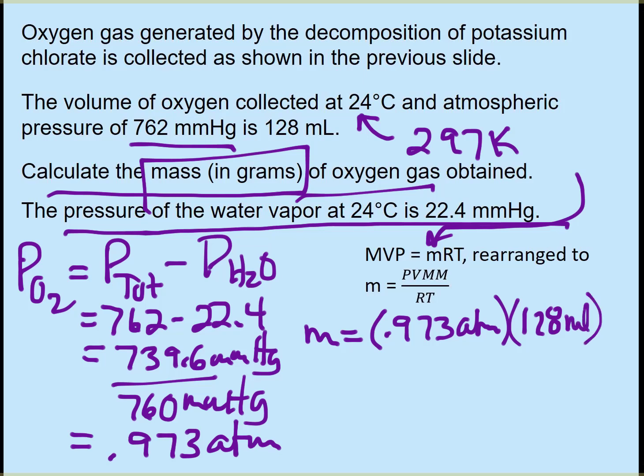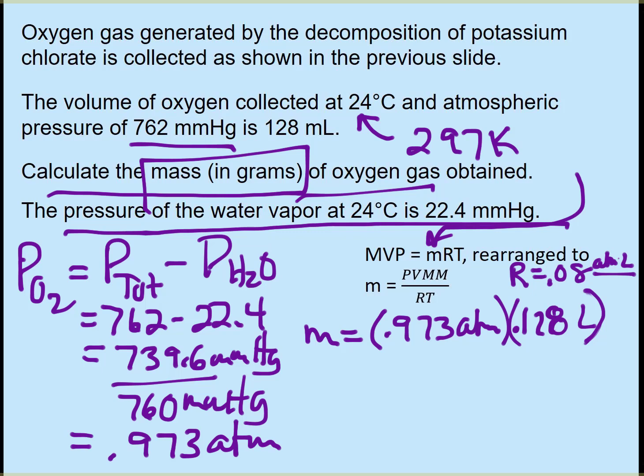Now remember, R is 0.08 and it is in liters, so that is why you always want to write your units out. How do I go from milliliters to liters? You're going to move your decimal over 3. And so I'm going to end up having 0.128 liters. So watch out for that. Okay.